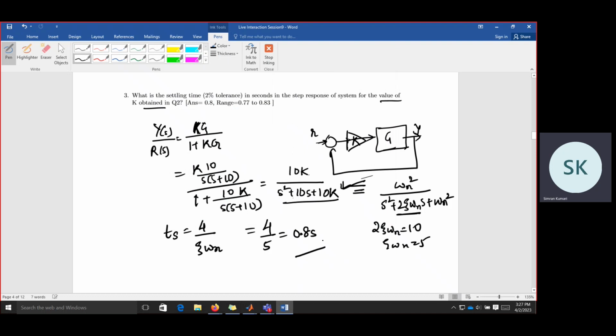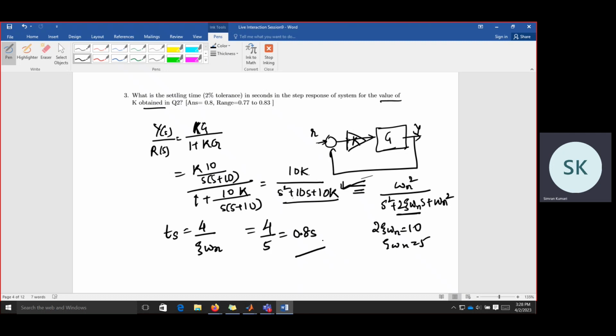Okay. So from here, what we have seen is that for the uncompensated system, we found that the phase margin is high, the system is stable. Now we are trying to obtain a phase margin of 50 degrees. So we tried to see if adjusting the gain in the forward path can help.